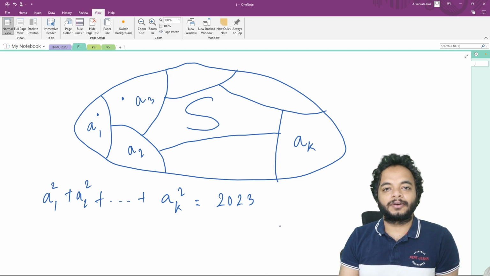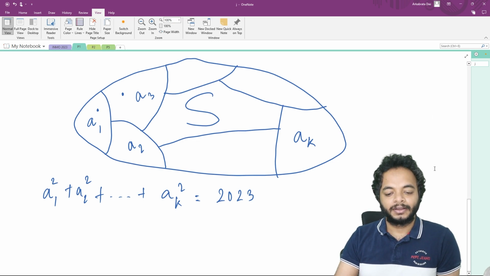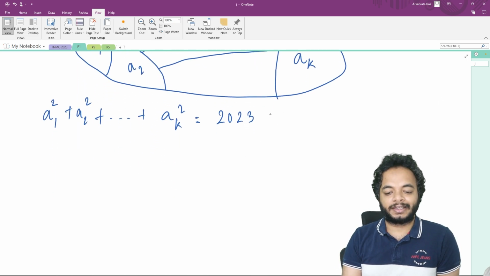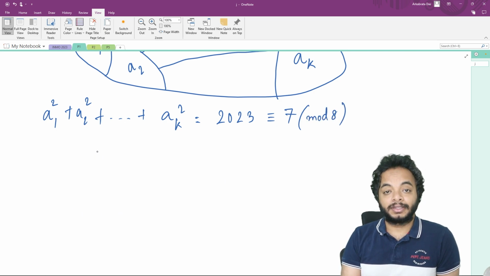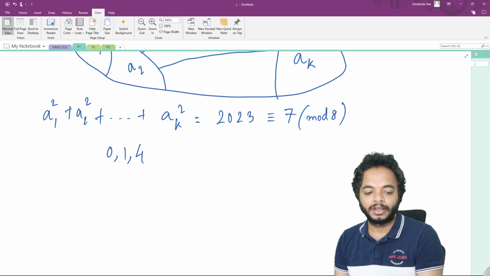Now the question is, we basically have to show k is greater than or equal to 4. So how do we show that? If we take this equation modulo 8, you see that 2023 is congruent to 7 modulo 8. Also we know that if we divide any perfect square by 8, the possible remainders are 0, 1 and 4.